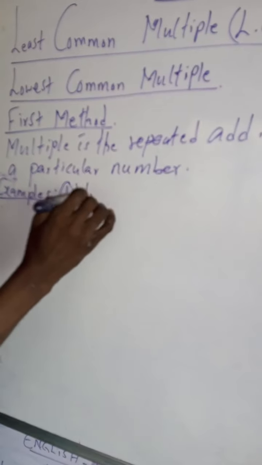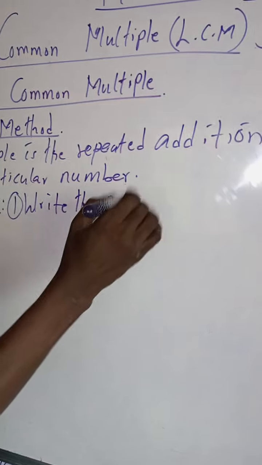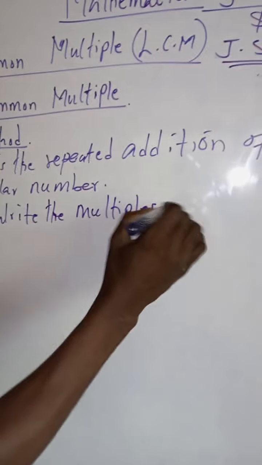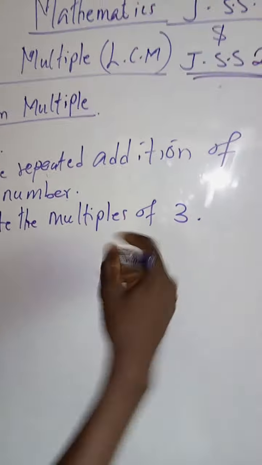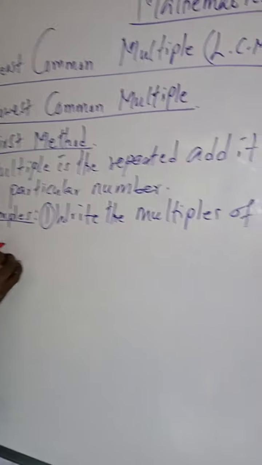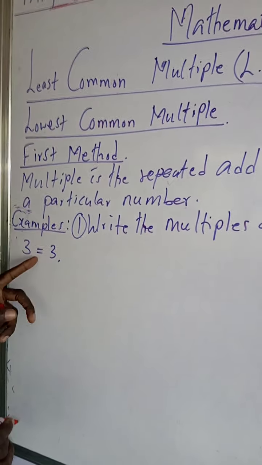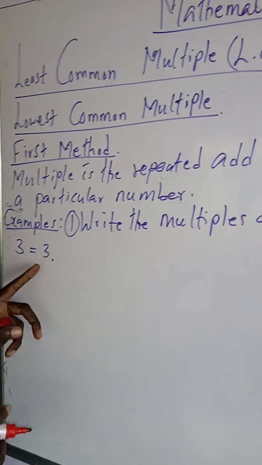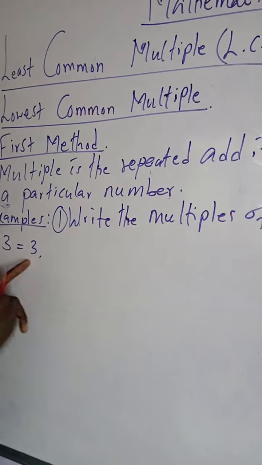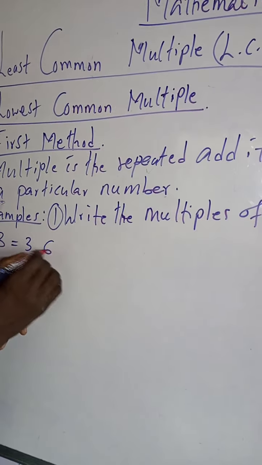Write the multiples of 3, maybe up to 10 numbers or so. So multiple of 3, we are going to include 3. Why? 3 can divide 3. So you will add 3 to 3, it will give you 6.